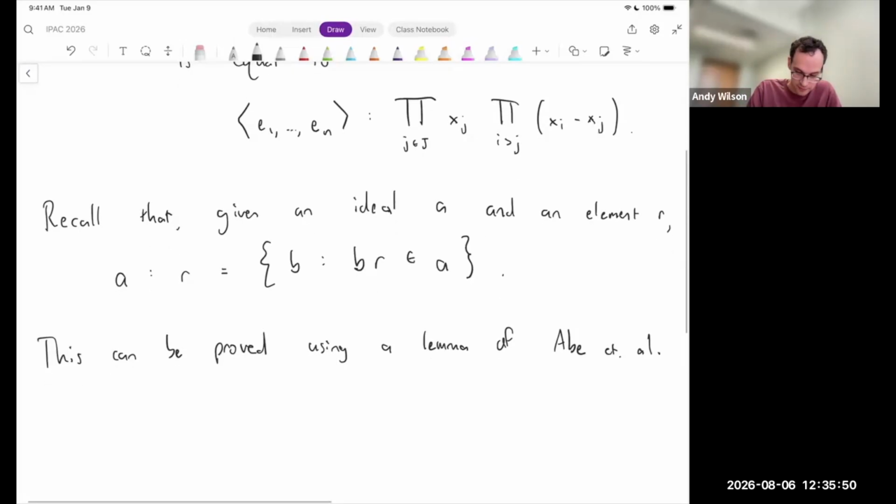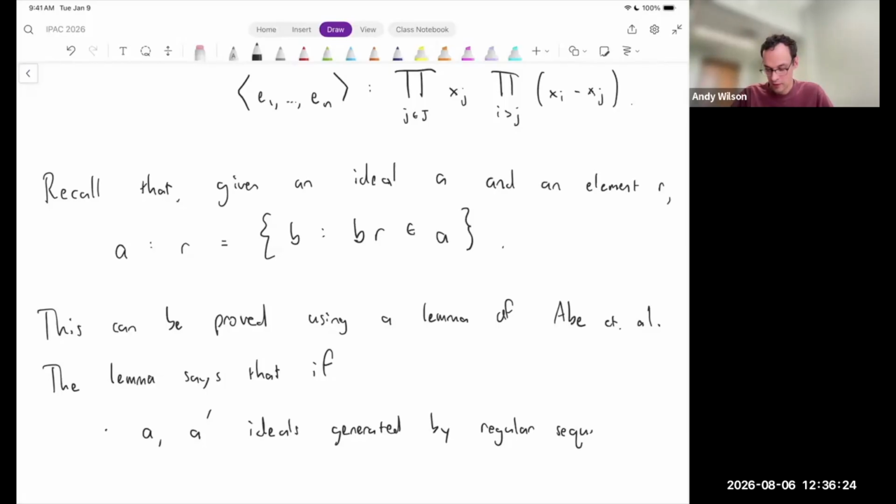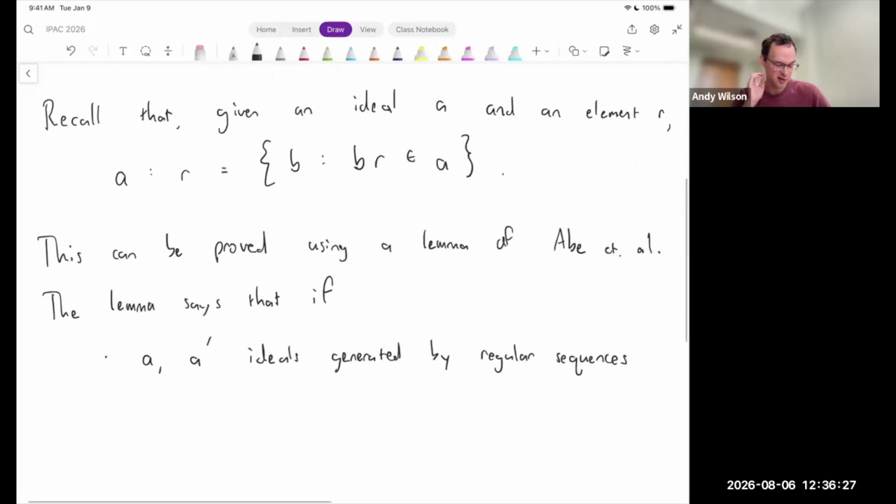But it's a commutative algebra lemma. It basically says, under some conditions, A and B, okay, I'll use A prime. If these are ideals generated by regular sequences, they call them Poincare duality algebras, and there's other ways of thinking about them, but last time we saw regular sequences, right? These are lists of polynomials that only share a common zero of the zero vector.